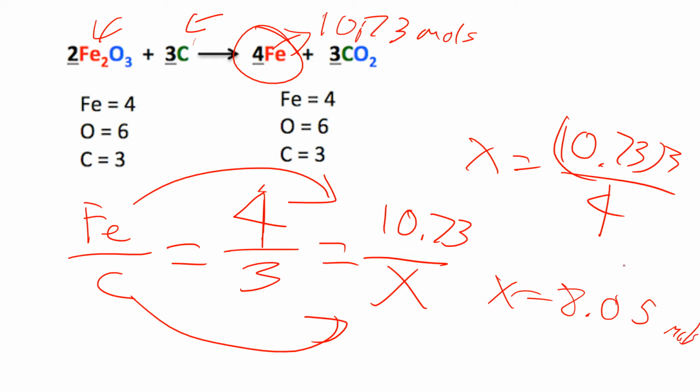So we instantly know that if we produced 10.73 moles, we know how much carbon was used up. 8.05 moles of carbon was used up in that reaction, all from the simple fact that for every 3 carbon atoms, you produce 4 iron atoms.